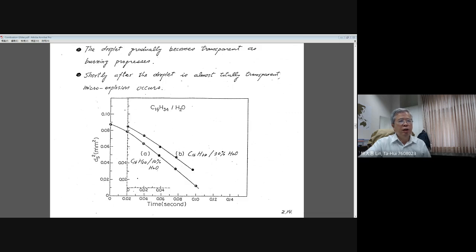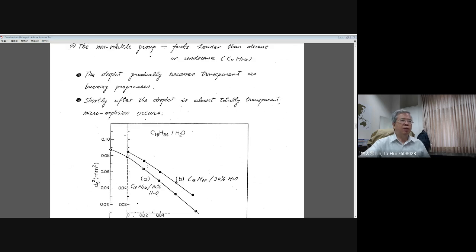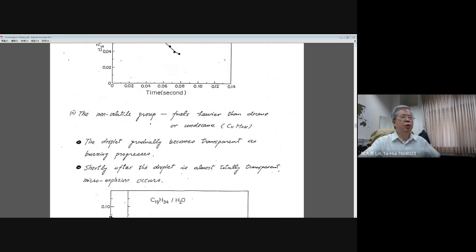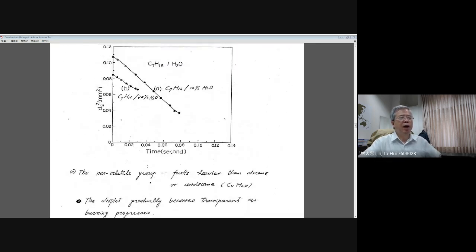But when you increase the water percentage to 30%, the micro explosion occurs earlier compared with case B. These are two typical examples to let you know that if you mix water with different kinds of hydrocarbon liquid fuel, you may experience different combustion behavior, especially at the end of the droplet lifetime.